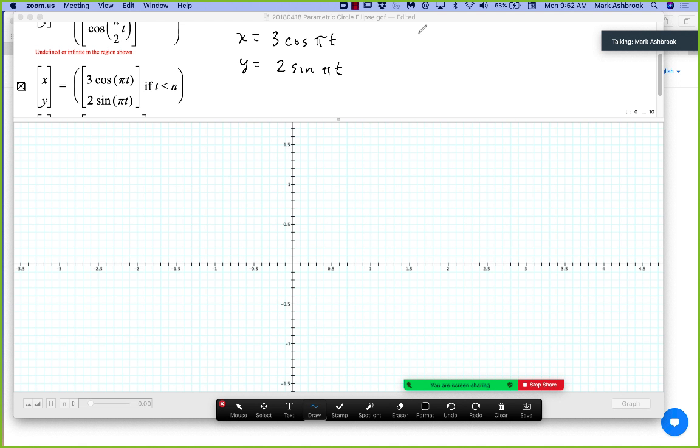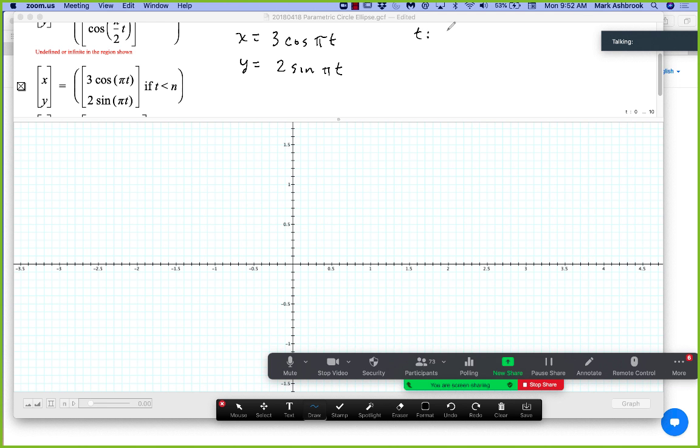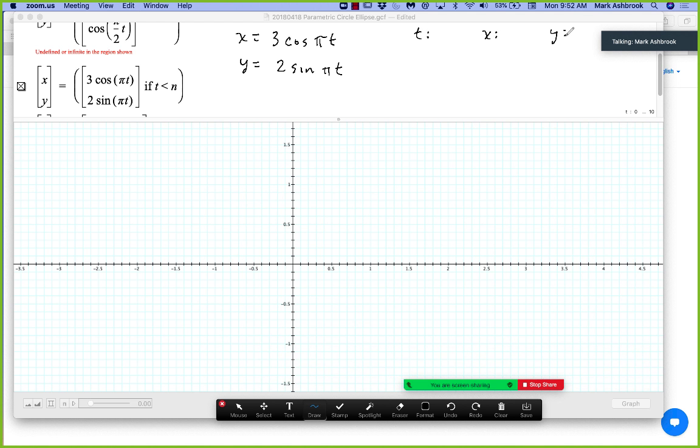And we're going to use our covariation approach. Covariation means how does x change as t changes? How does y change as t changes, etc. So you can take t from 0 to 1, and let's just do that much and see what happens here.